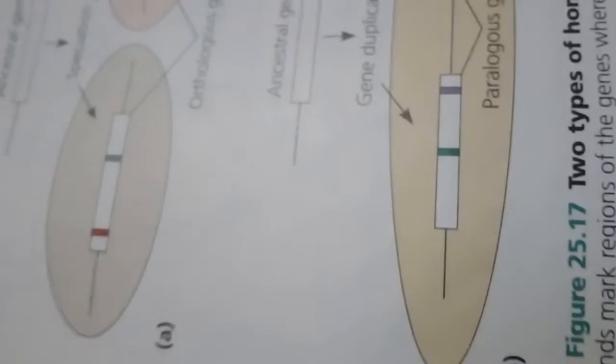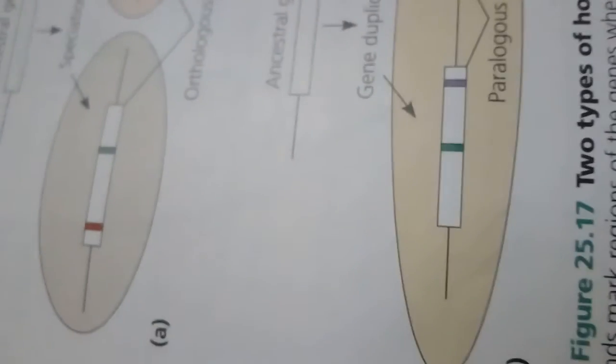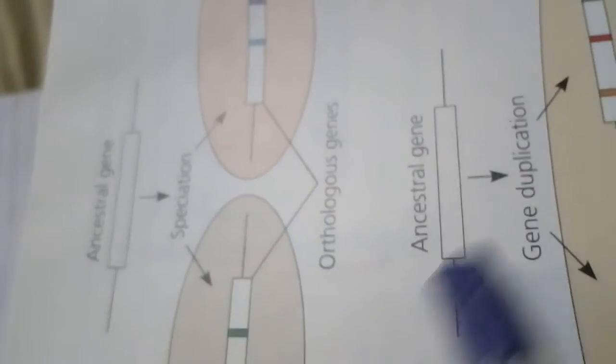The term orthologous genes, from the Greek orthos, straight, refers to homologous genes that are passed in a straight line from one generation to the next, but have ended up in different gene pools because of speciation. Notice that. Speciation, orthologous, and gene duplication. Notice that. Paralogous genes.